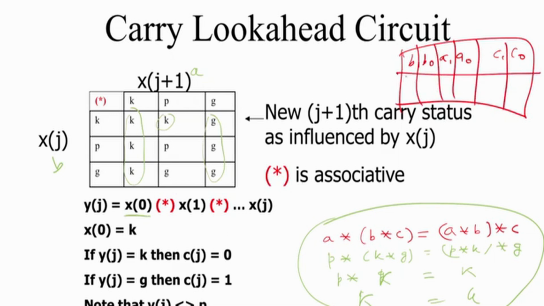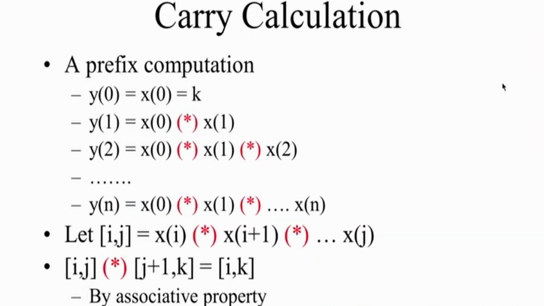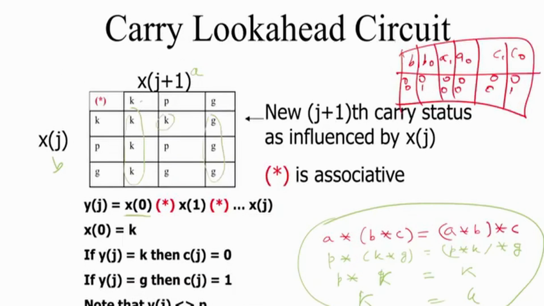So kill means 0 0. Kill star kill should give me kill, 0 0. Propagate star kill should give me kill. Propagate is 0 1, so 0 1 star 0 0 should give me 0 0. I have all the 16 combinations and the 2 outputs here. So I can easily construct a circuit which will compute this star with a truth table.